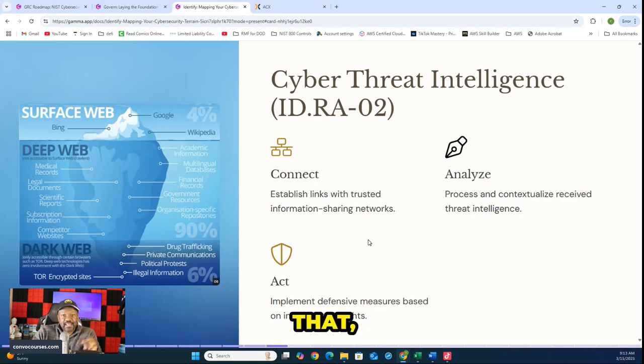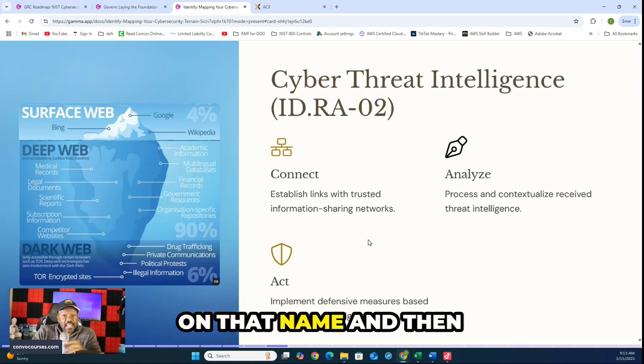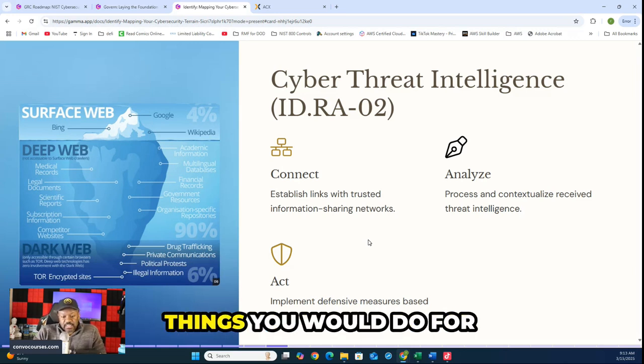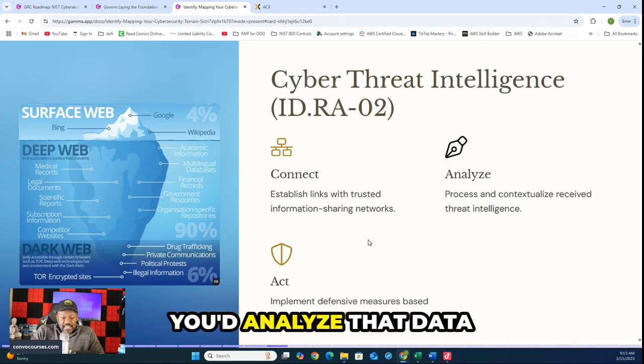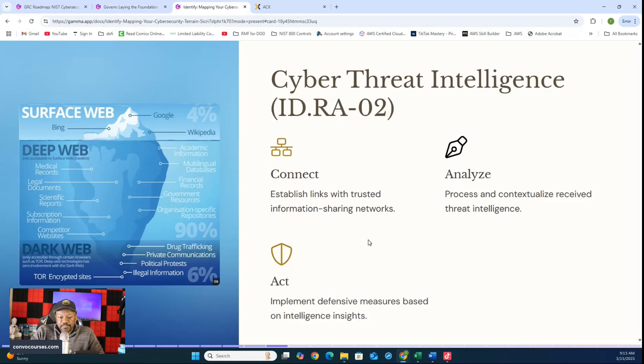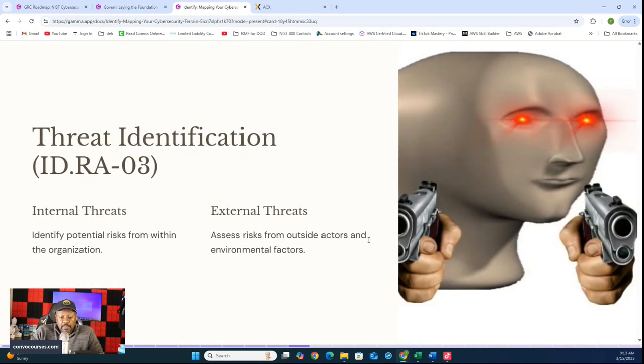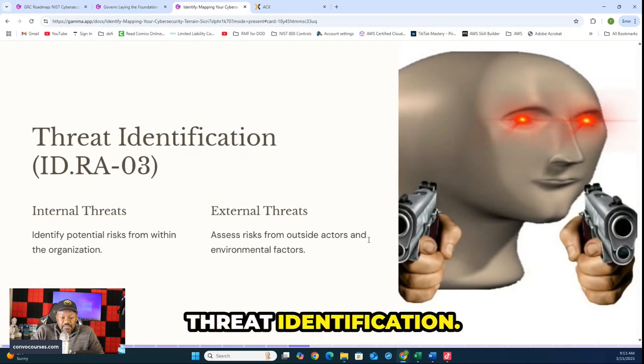They would sit on that name, make a site that looks like Walmart, and hope that people would sign into it. Those are some of the things you would do for cyber threat intelligence. You'd analyze that data and then take action. So that's also part of threat identification.